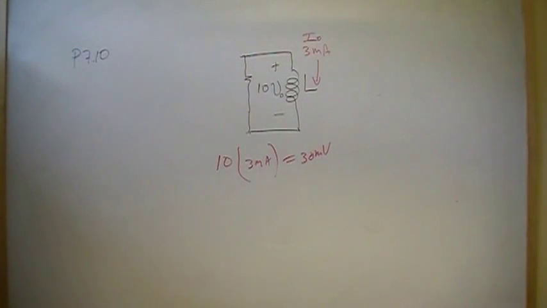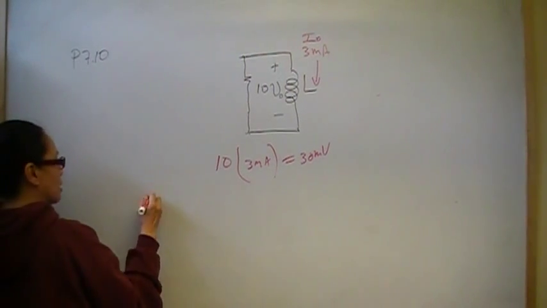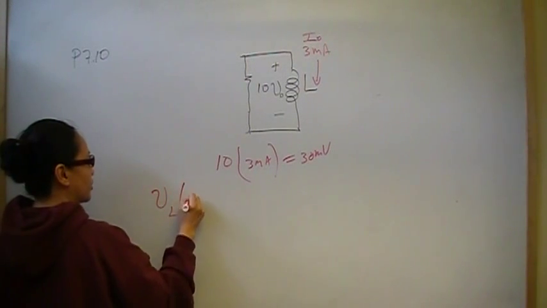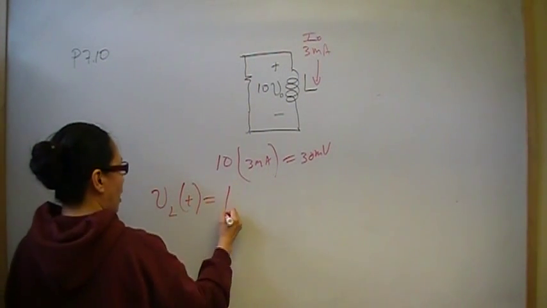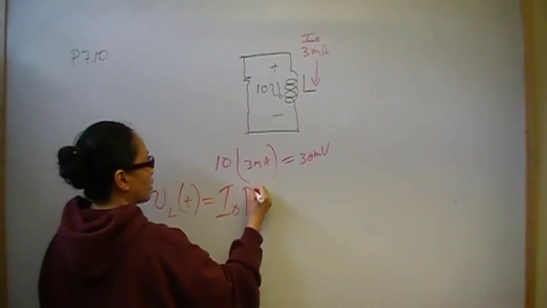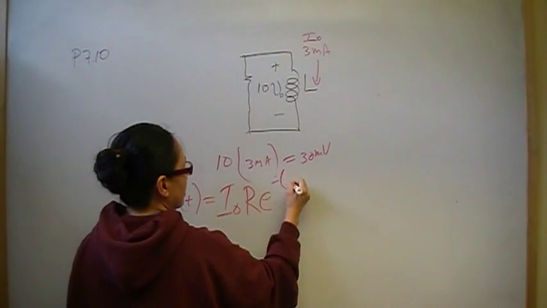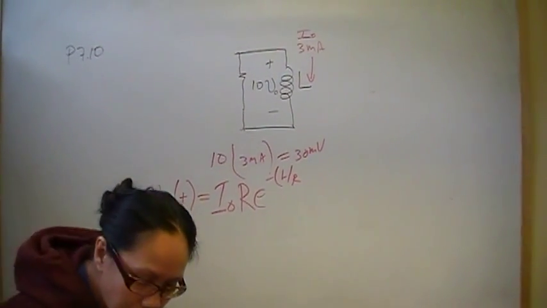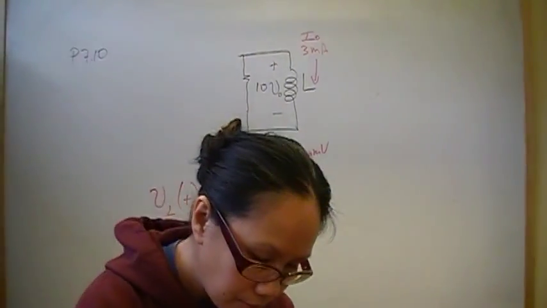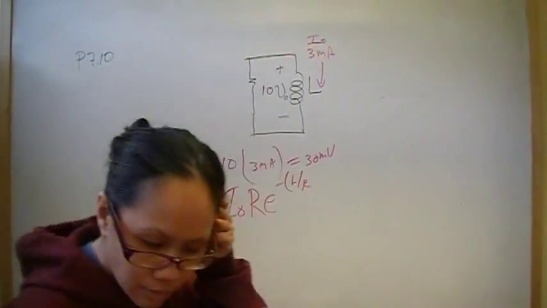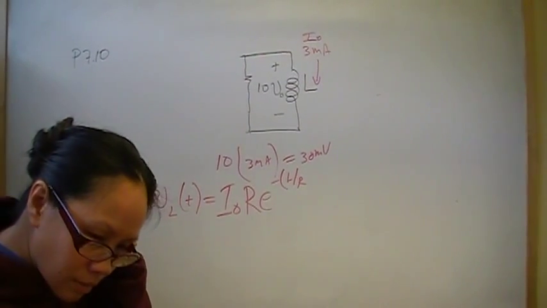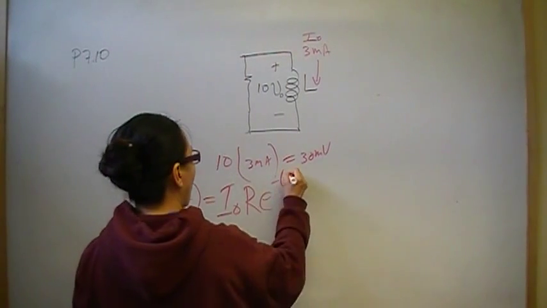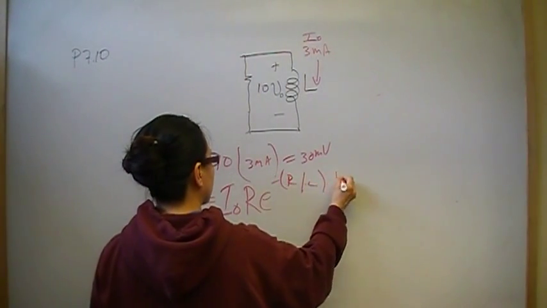Now if you didn't see that, you could also use the general equation for voltage across the inductor, which is vL(t) equals I0 R e to the minus R over L t. It's R over L, yes.